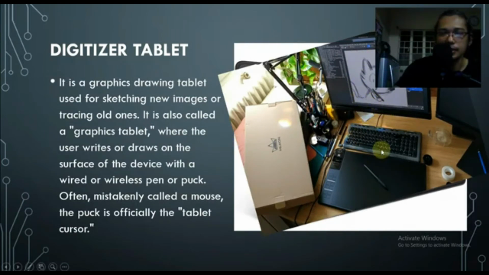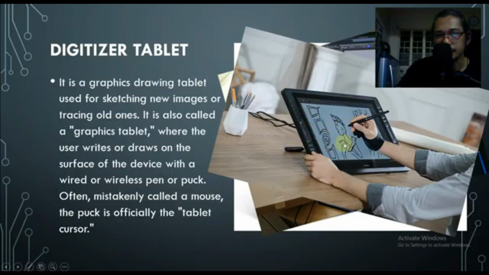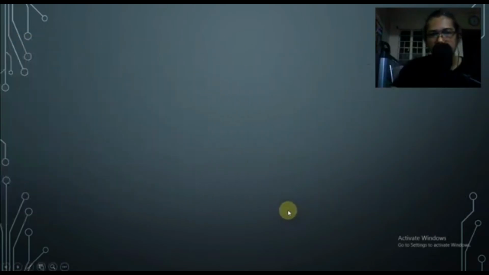So if you like to draw animation or make anime comics, the digital tablet is the best for you. And this is another kind of tablet, where you draw directly on the screen itself. You can draw over the screen of this tablet.